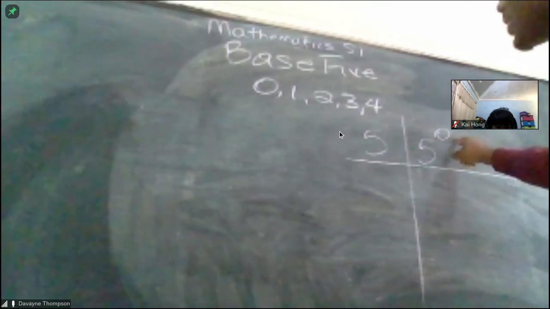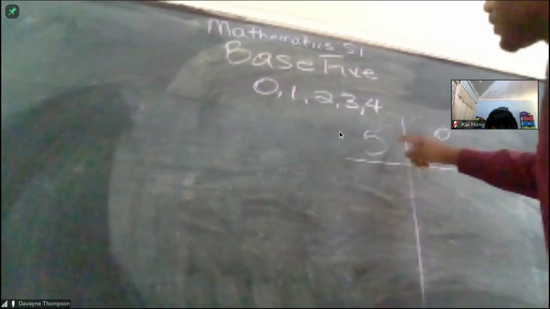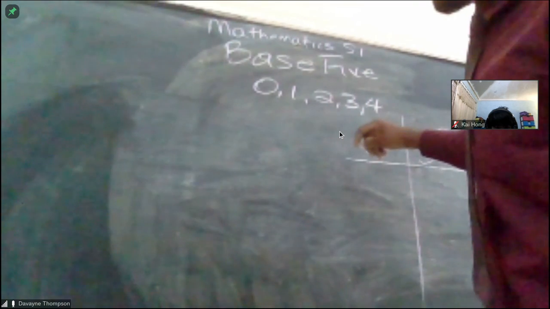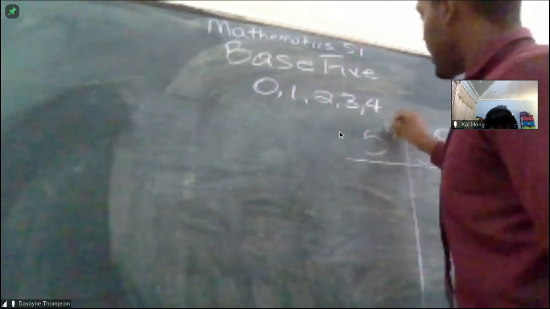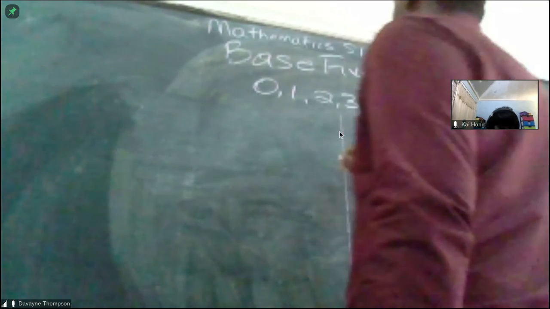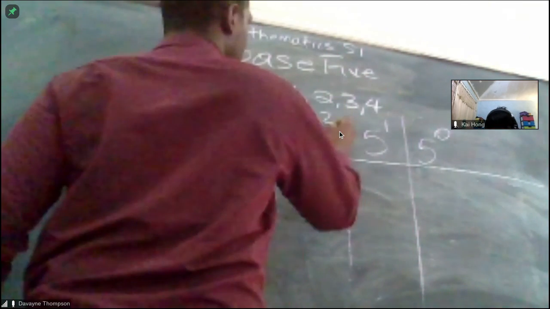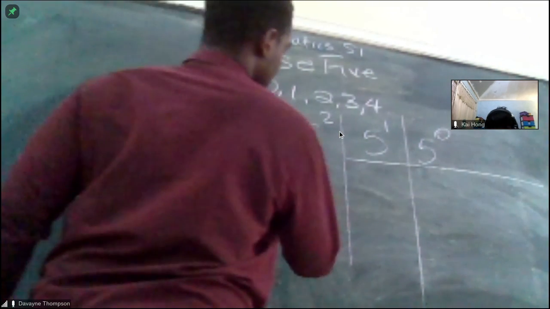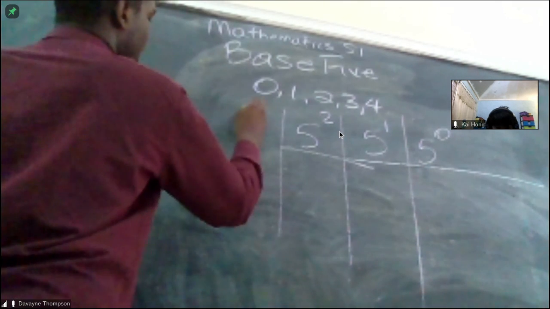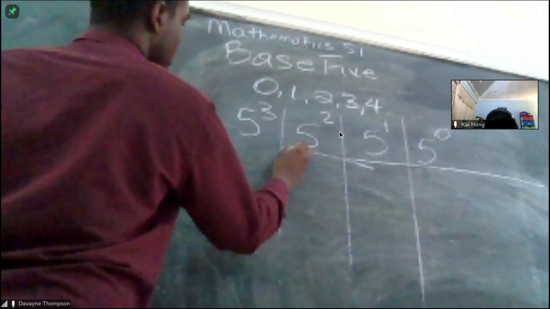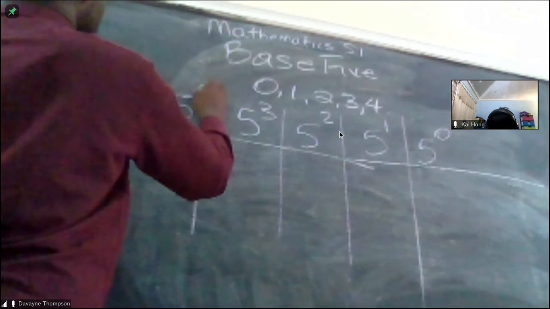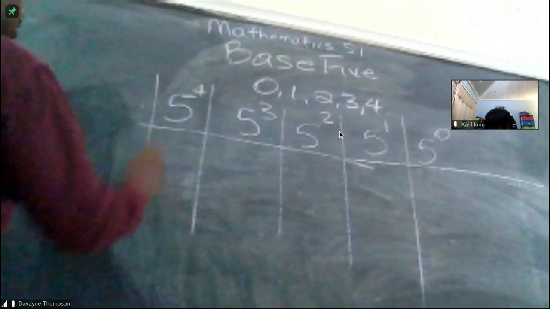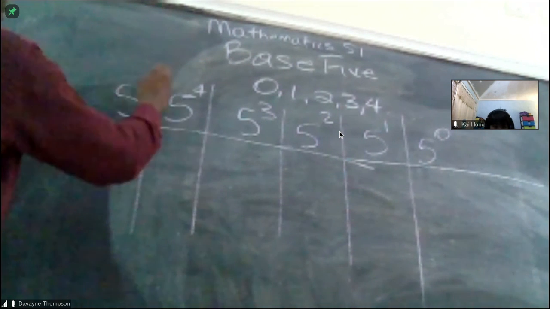Kai, if the first one is 5 to the 0, what's the next one? 5 to the 1 power. Right. So go to the next one. We're going to say 5 to the 2 power, 5 to the 3, 5 to the 4, and 5 to the 5.